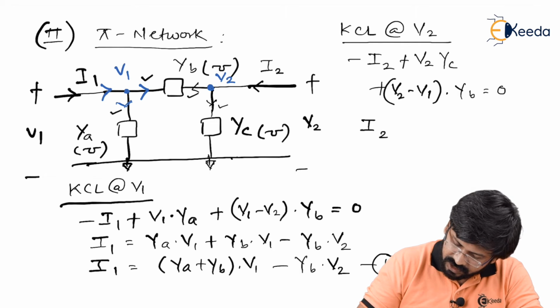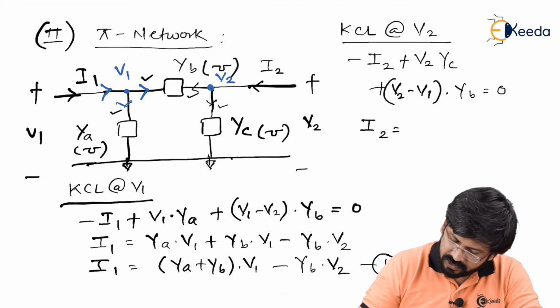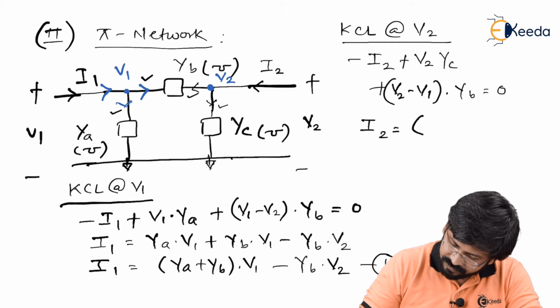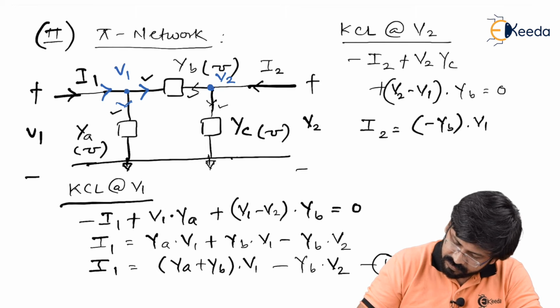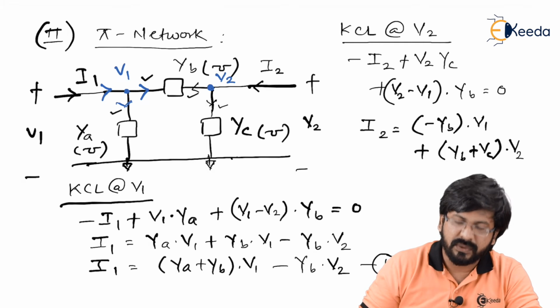I can in fact say I2 equal to, after solving it properly, minus YB times V1 plus YB plus YC times V2. So now this is the equation of I2.